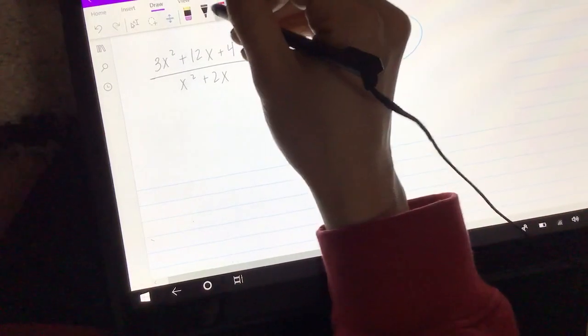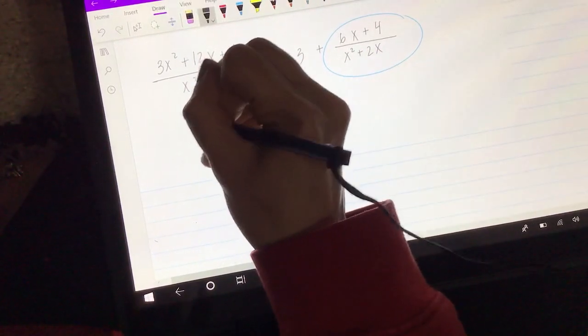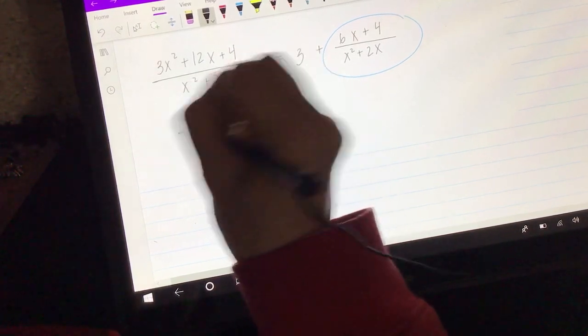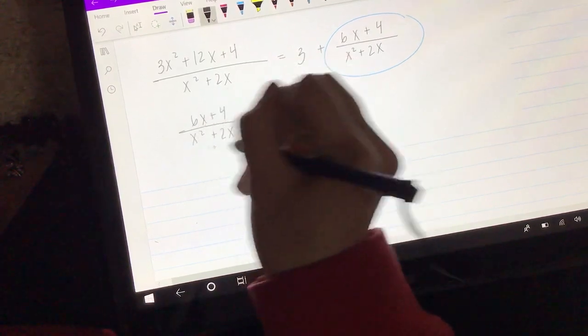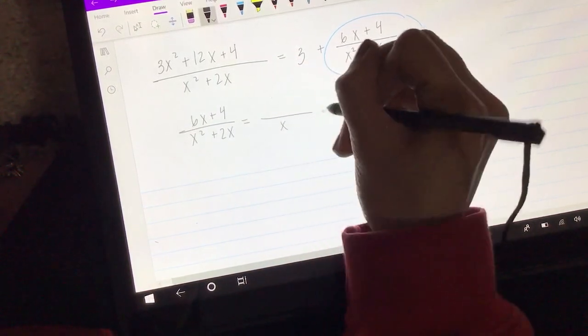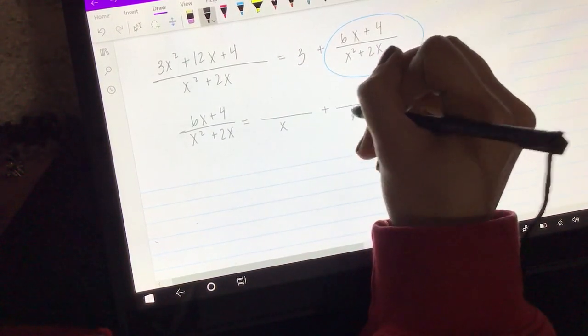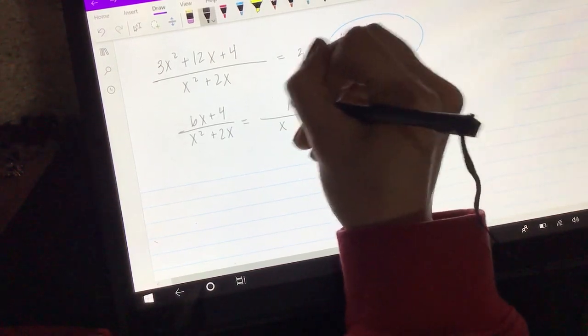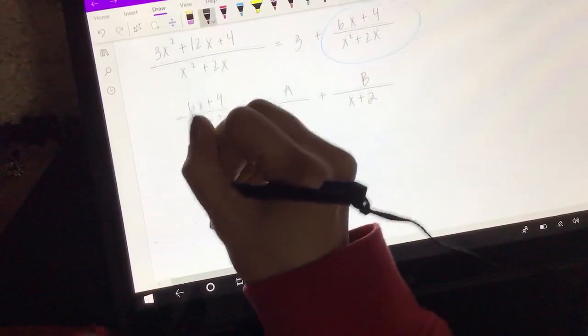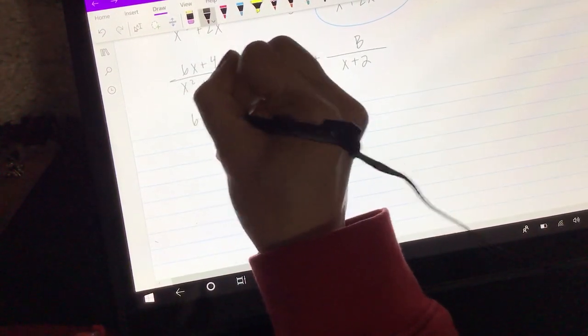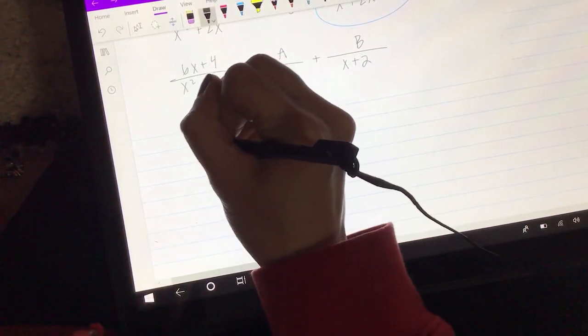All right, so let's see here. We have 6x plus 4 over x squared plus 2x. My factors for my denominator are x and x plus 2. I'll label my numerators a and b. Go ahead and rewrite your first fraction so it's in the factored form in the denominator.